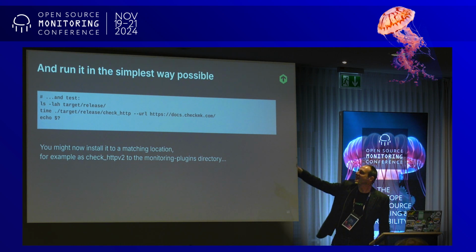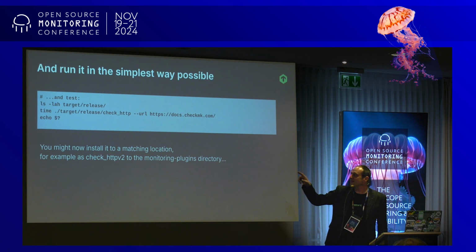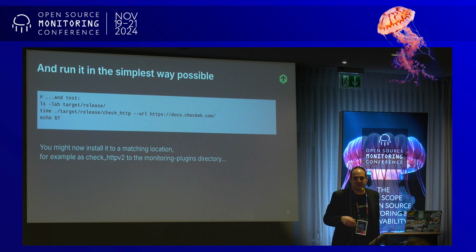one note, you see here the target, the build binary is called check.http. Because at some time in the distant past, we were convinced that we would make this check a full drop-in replacement for check.http. It does not work. We will break too many things.